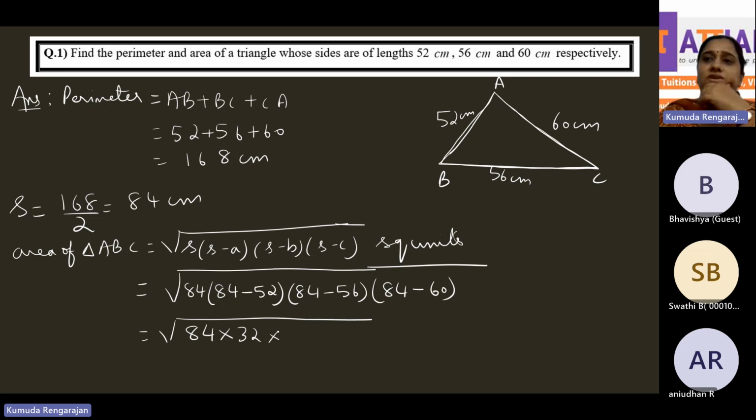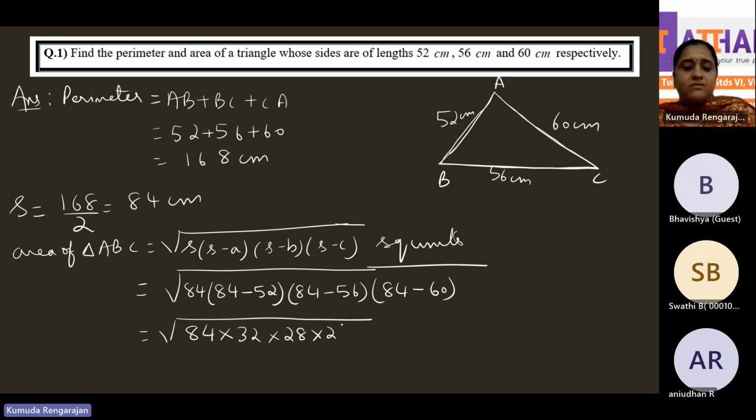Into, what is 84 minus 56? Okay, and then 84 minus 60. 24.